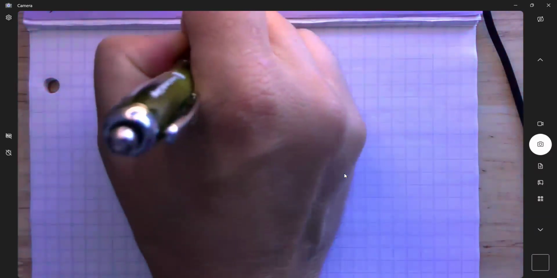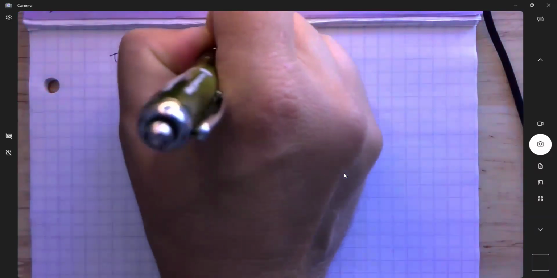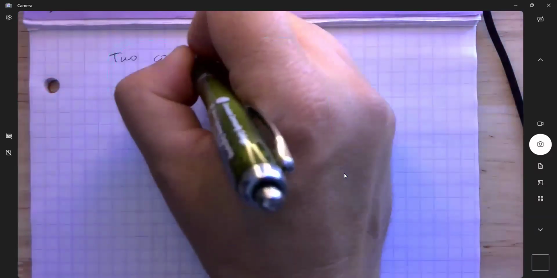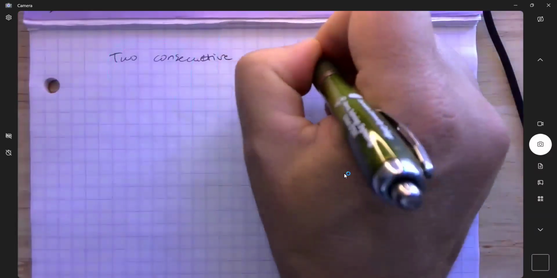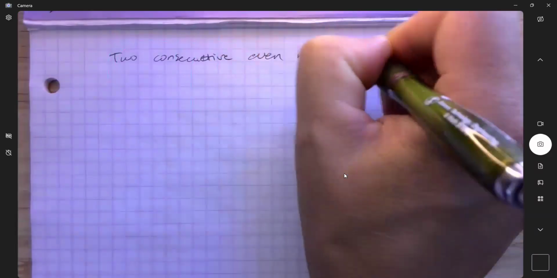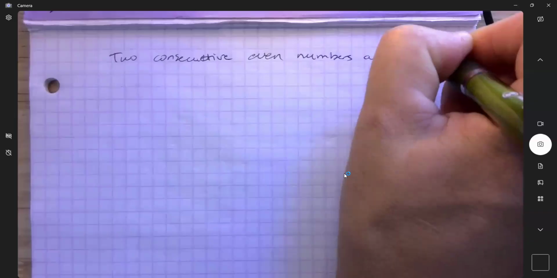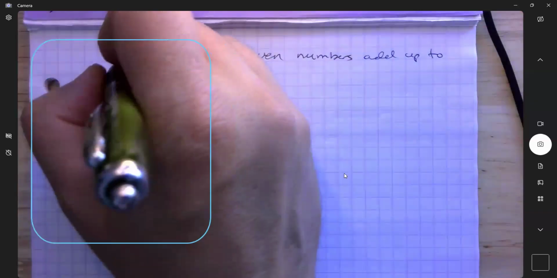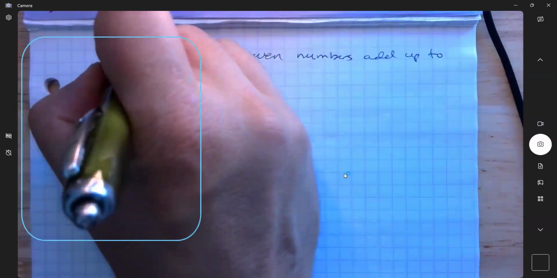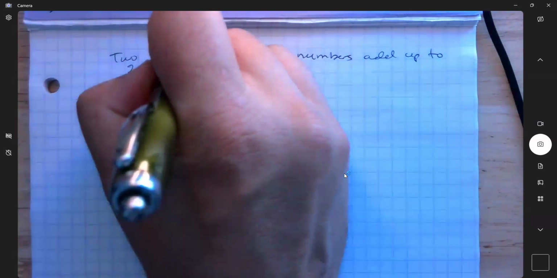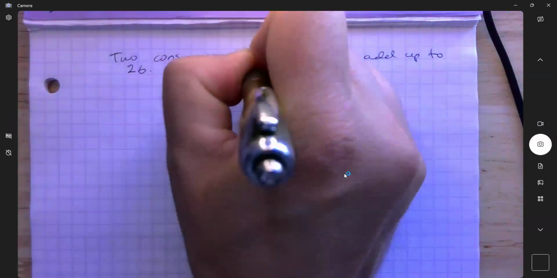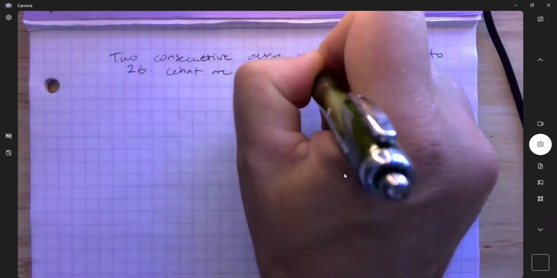Two consecutive even numbers add up to 26. What are those numbers?